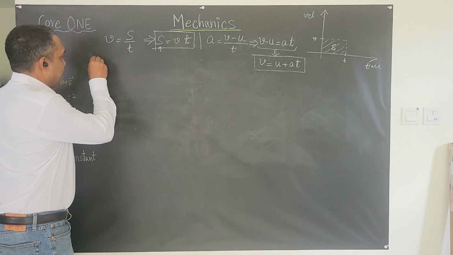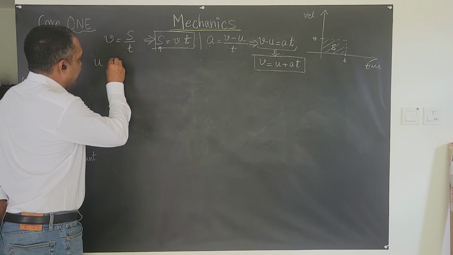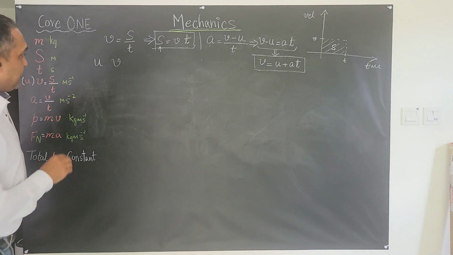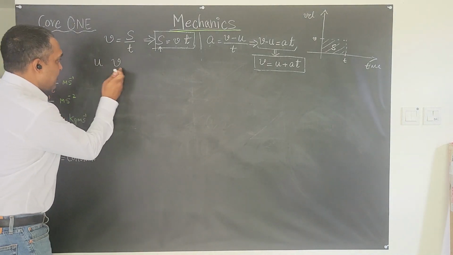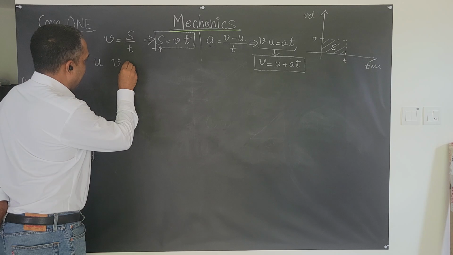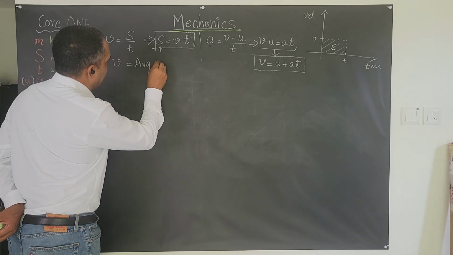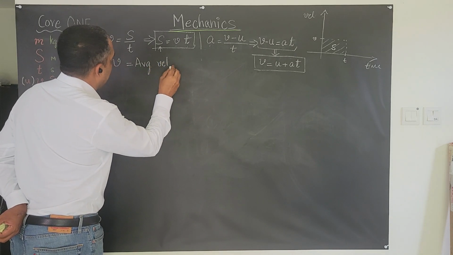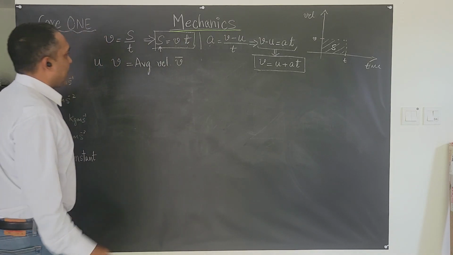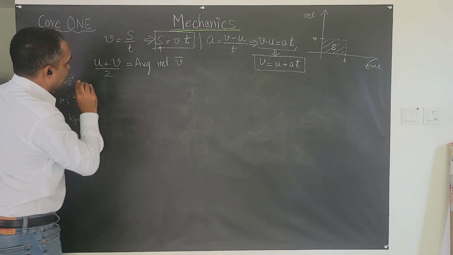If you had an initial velocity of u, and you had a final velocity of v, I could argue that during that time t, when these were observed, you had something called an average velocity. Average velocity, and I'm going to call it, just for the purposes of this illustration, with a little bar on top, okay? And that would just mean the average of two values.